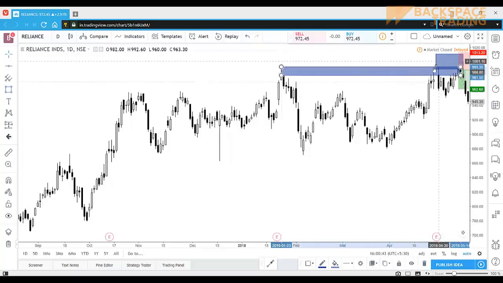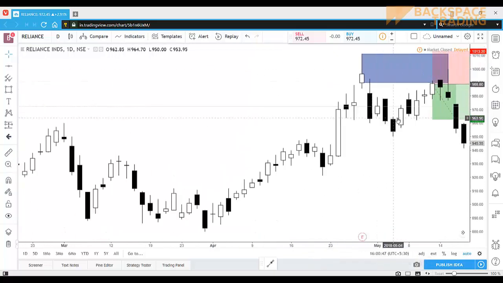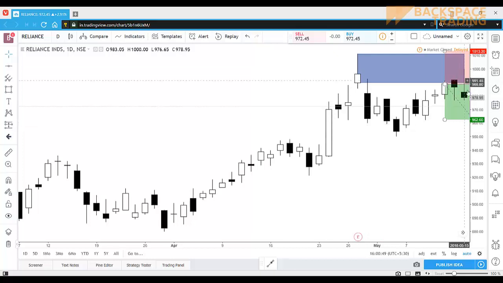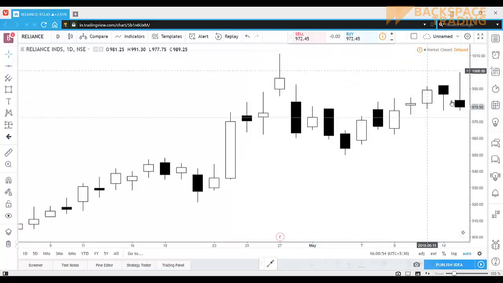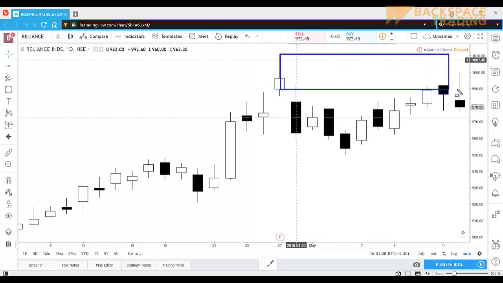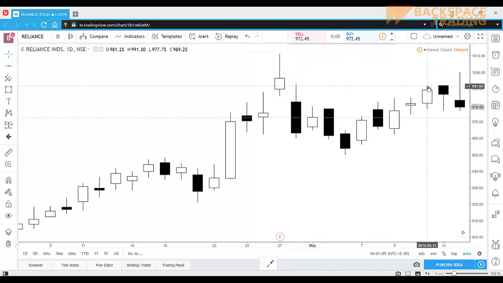Resistance was coinciding with two junctions, so it was good. And you got this candle. Let me show what type of candle it is. Don't you think this is also a shooting star? Yes, it is, but still I went for the sell around this candle.